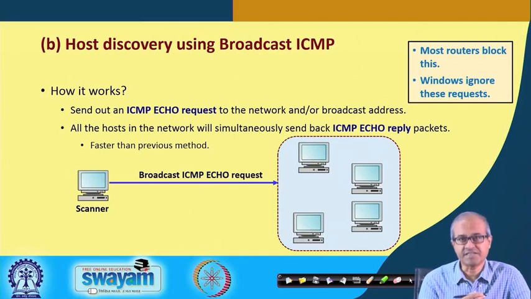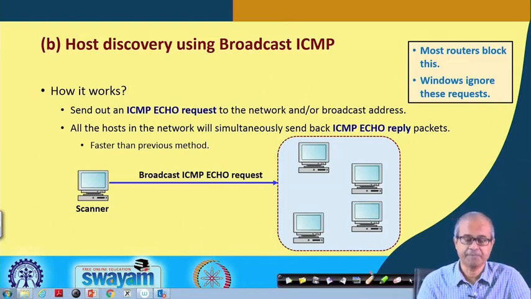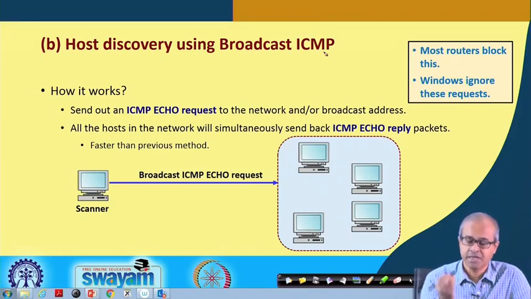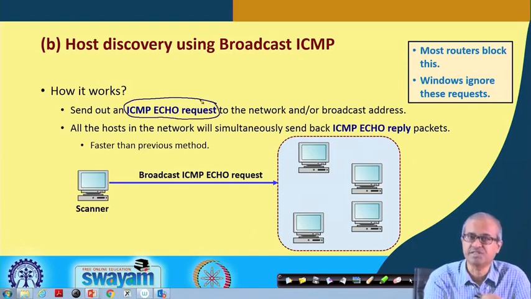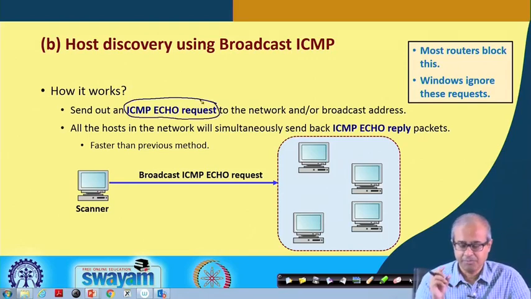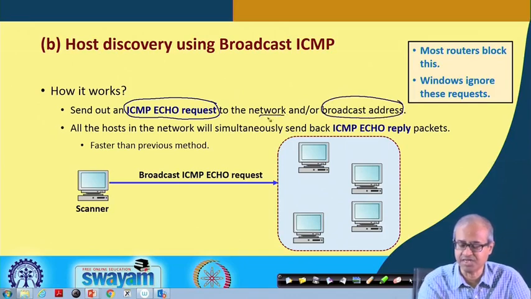So, there is a faster method available, and you can use it with the same kind of commands. The idea is as follows. Here you are trying to use the broadcast ICMP feature. What is broadcast ICMP? Well, here also you are sending an ICMP echo request packet, but you send it not to a particular host, but to a broadcast address or a network address. What will happen?